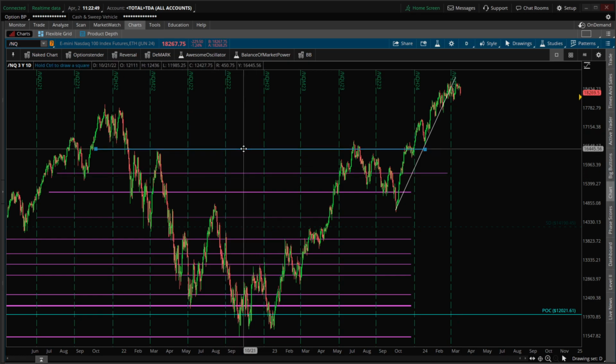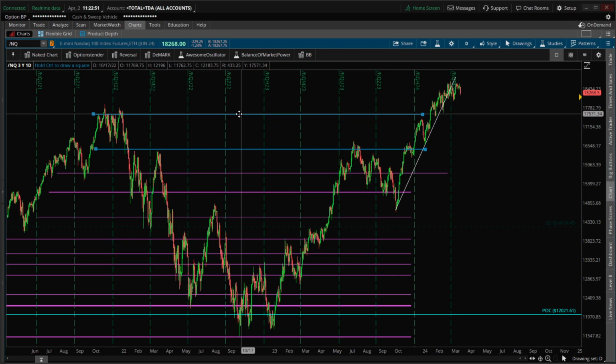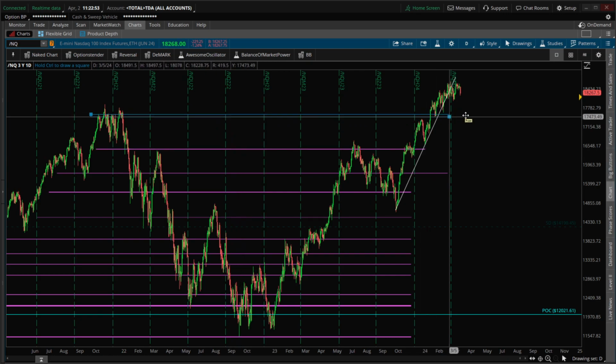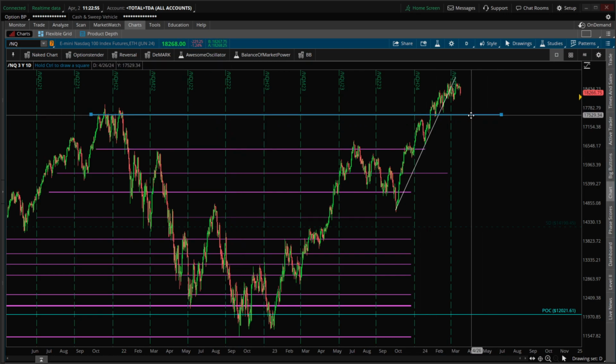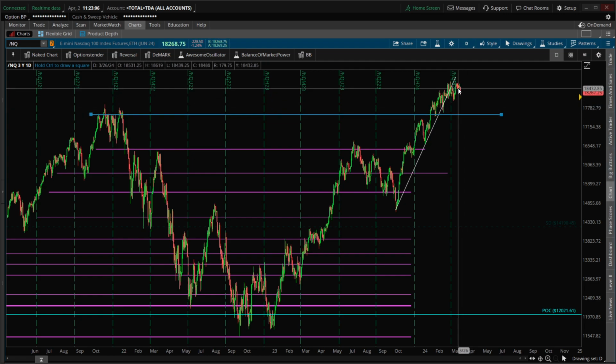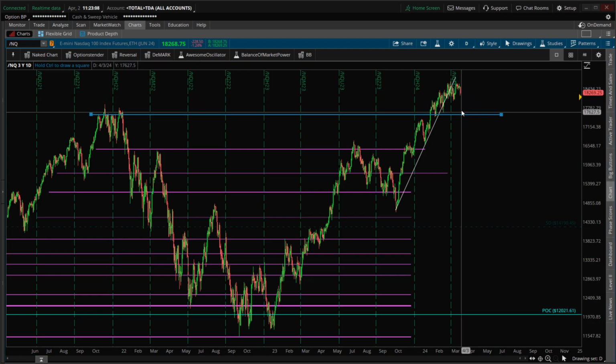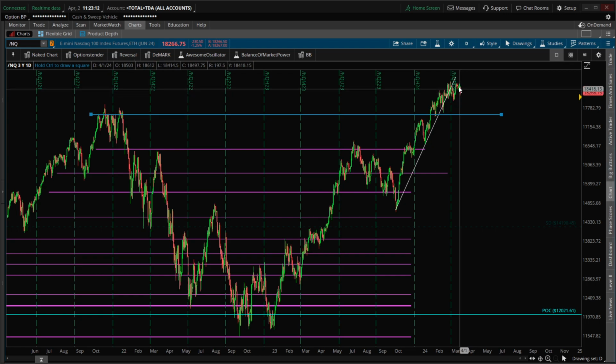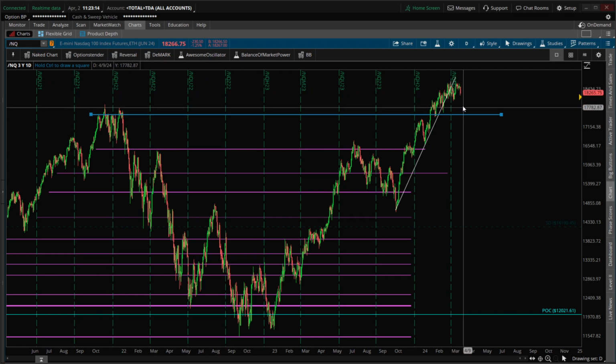Very similar to SPY, we have these consolidation areas right here that we're certainly going to test, the first one down here, the 17,600 area. But with tech being weaker and leading us to the downside, this should not be our first stop.